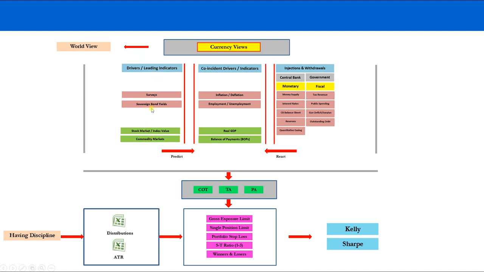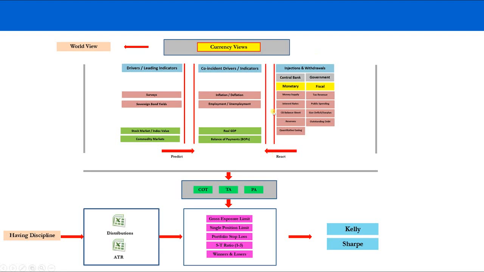And we have drivers on the left-hand side here, which are leading indicators. We have coincident drivers, which are also indicators. And we also have drivers here, which is our injections and withdrawals. Coming in from the left-hand side, our leading indicators drive our coincident indicators and injections and withdrawals because they react.